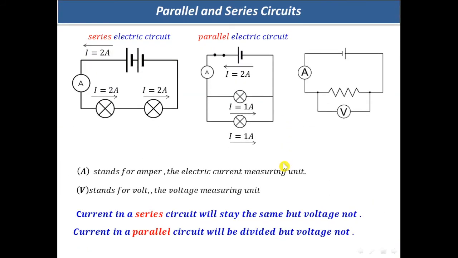Okay, so now parallel and series, I spoke about that. You see, in series, they are connected, not at the corresponding end. 1, 2, 1, 2, 2 connected to 1, so this is not the corresponding end. Remember in mathematics I explained to you that corresponding angles are angles which are one in front of the other, exactly in the same place.